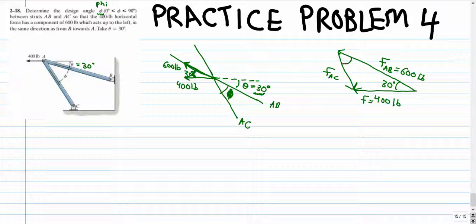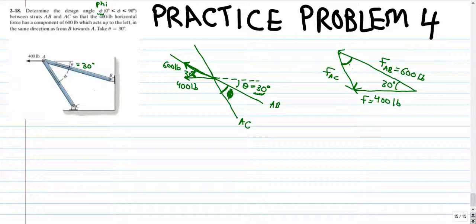This angle should be equal to this angle right here, as this is the angle between the AC axis and the AB axis, in other words, the angle between the two axes. And right here in the diagram, we can see that this is the angle phi between the two struts AC and AB.